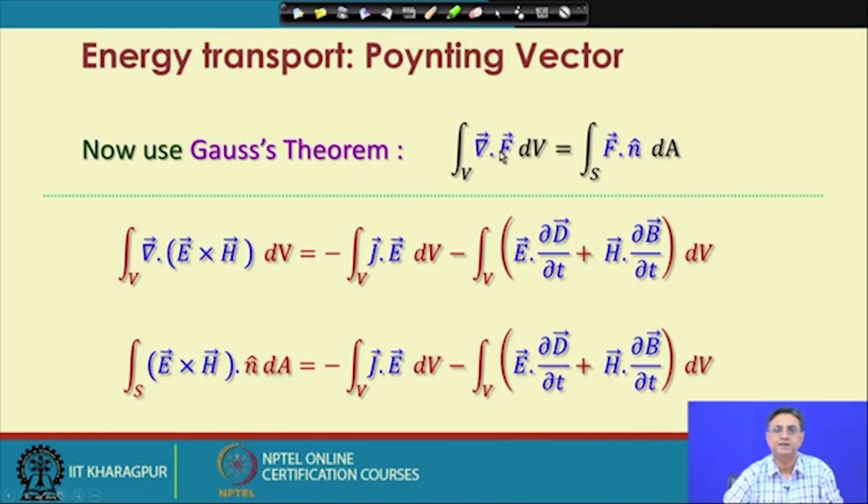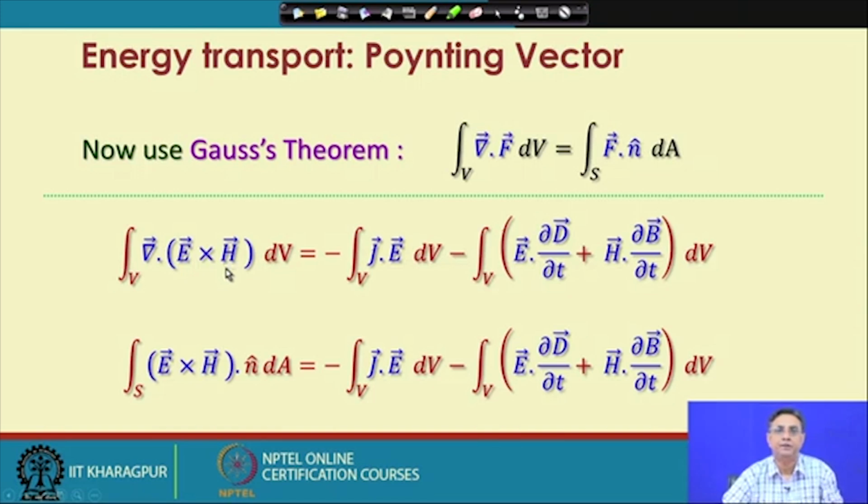So, if we substitute for F this E cross H, then we can rewrite this equation del dot E cross H dV equal to the right hand side, which we have seen as it is.